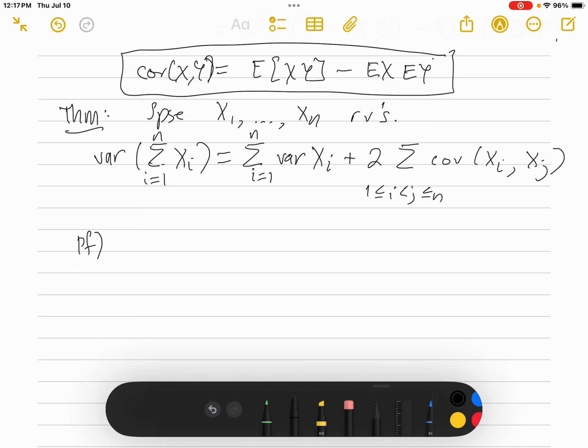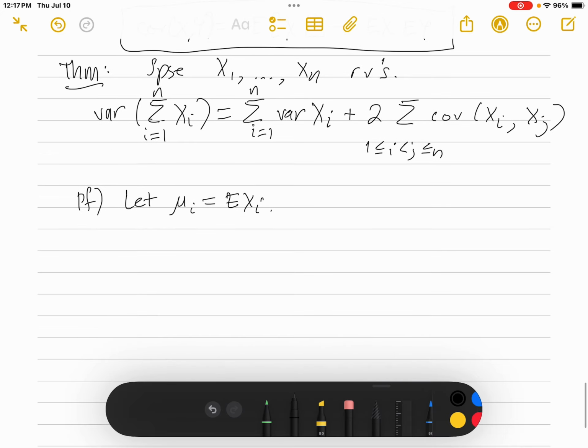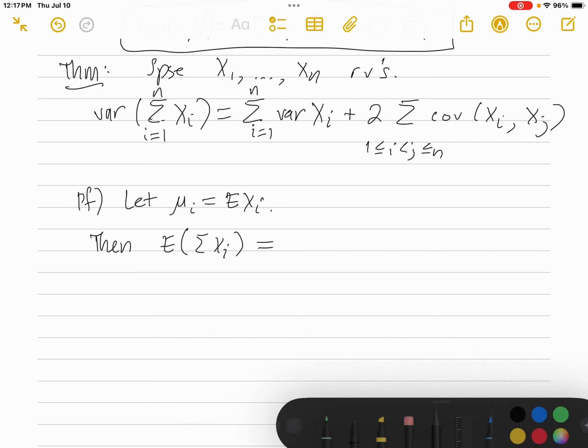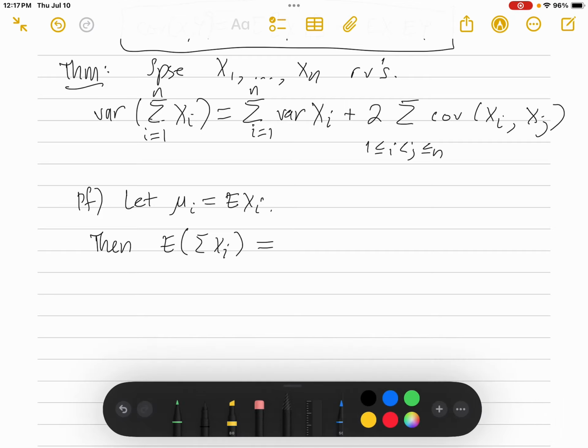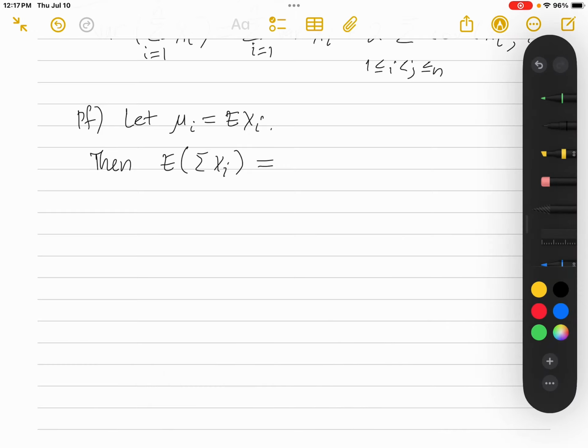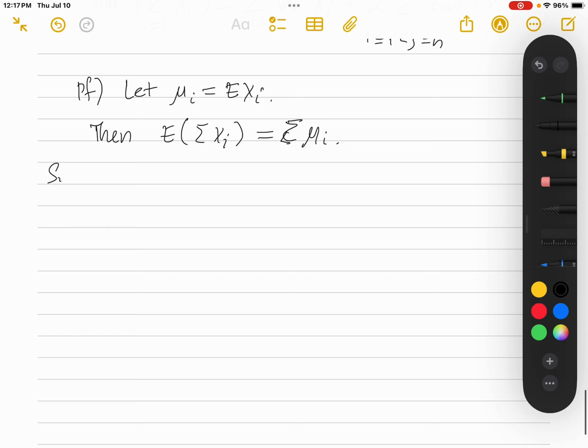Well, let's introduce some notation. Let mu i be the expectation of xi. Then we know by the linearity of expectation that the expectation of the sum is equal to the sum of the expectations, so it's just the sum of the mu i's. So what can we say about the variance of the sum?